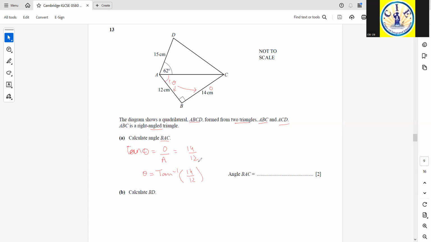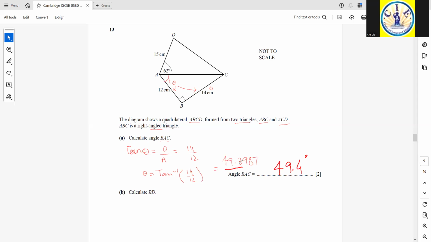From our calculator, shift tan 14 divided by 12, which is 49.3987. Since the angle has to be given to one decimal place, the final answer would be 49.4 degrees to one decimal place.